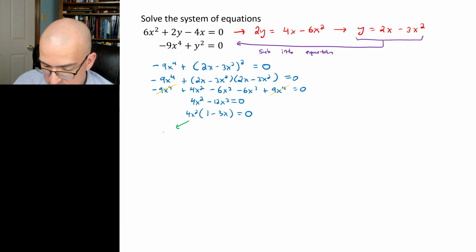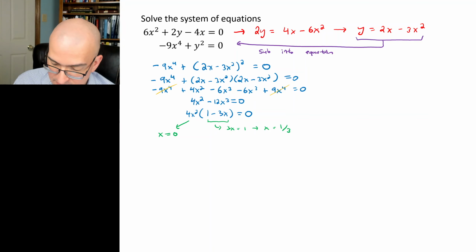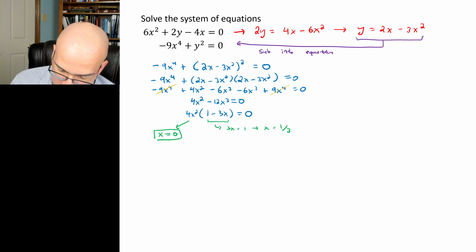So we look at the two different ways that this expression can be 0. Either 4x squared is 0, which means x is equal to 0, or 1 minus 3x is 0, which means 3x is equal to 1, so x is equal to 1/3. Okay, so we have two solutions for x. For each of those, we go back and get the corresponding y value.